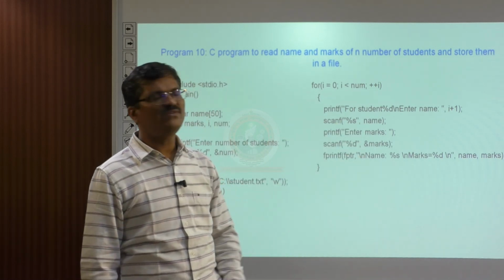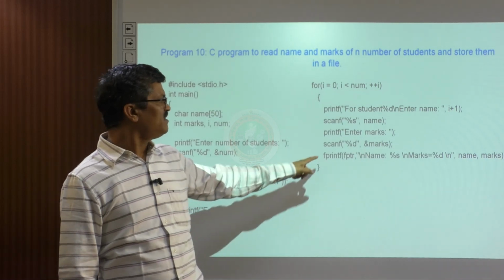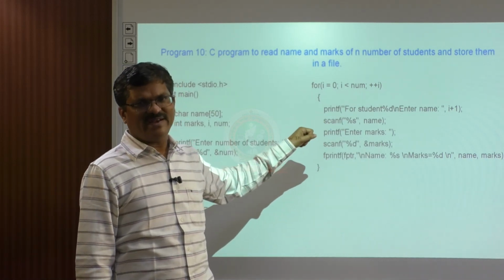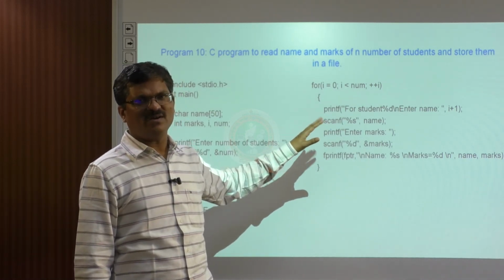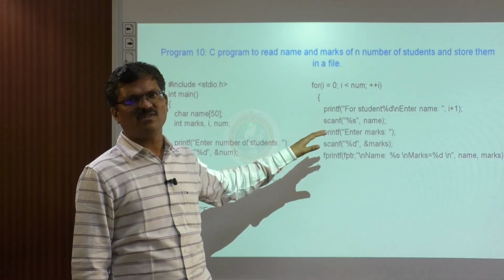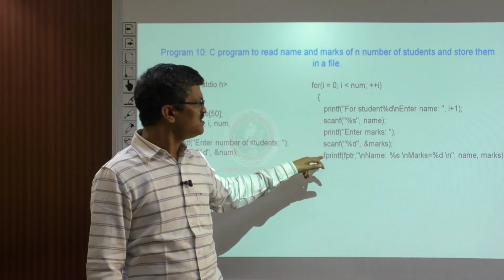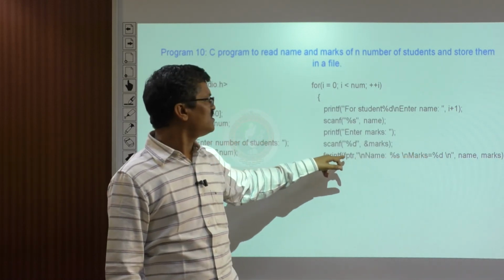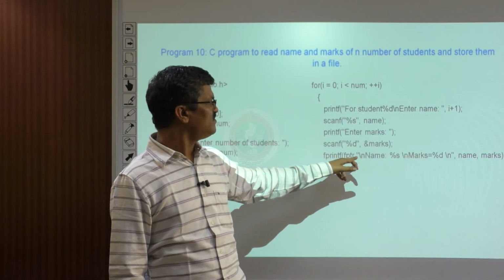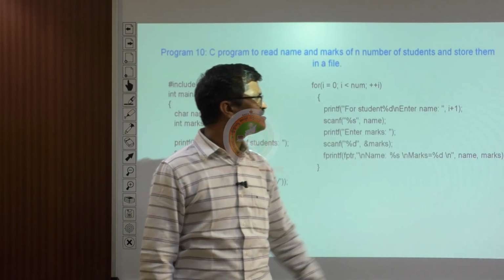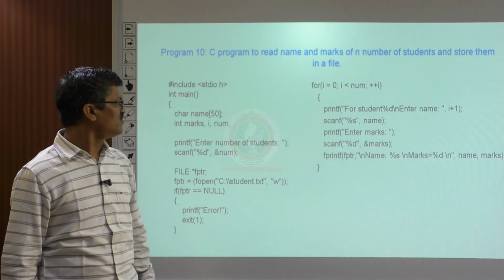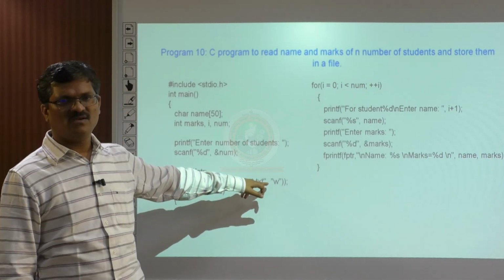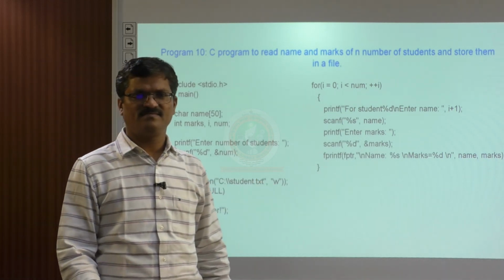Read the values of names and marks, and whatever you type from the keyboard as values for the names and marks of the students will be written to the file, using the fprintf command with fptr. The name and marks will be written over there, because the file is opened in a write mode.